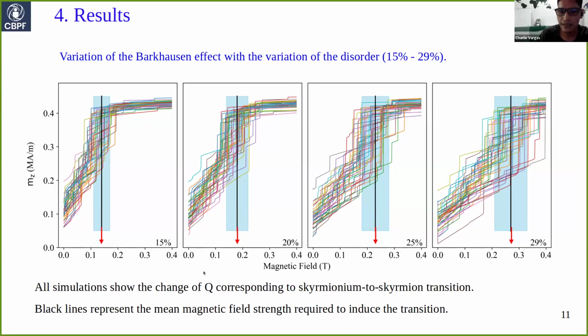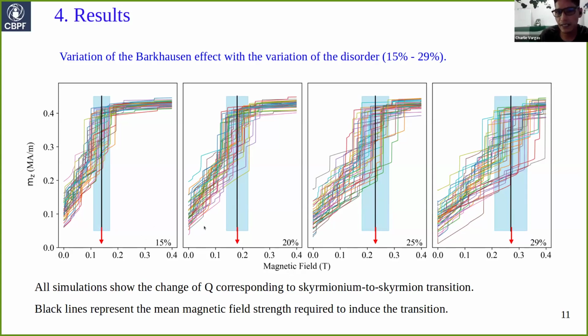It is important to mention that we confirm in all of the experiments the Skyrmionium-to-Skyrmion transition. Here in each graph, the black line represents the strength of the magnetic field necessary to induce the transition, and the width of the sky blue region represents the standard deviation.